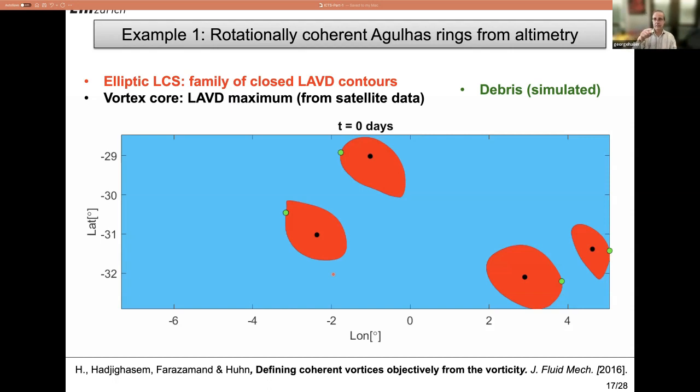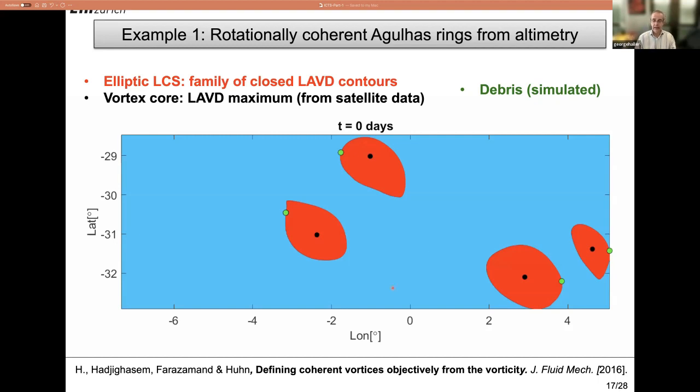Sometimes they get attracted, sometimes they get repelled, depending on the orientation of the eddy or the vortex, and depending on whether you have bubbles, which are light, or heavy particles. But whenever there's a well-defined core in your experimental observations, the theorem tells you that the inertial particles have to be attracted to that LAVD maximum. So that gives you a well-defined vortex core, for which we never had a definition before, in a material sense.